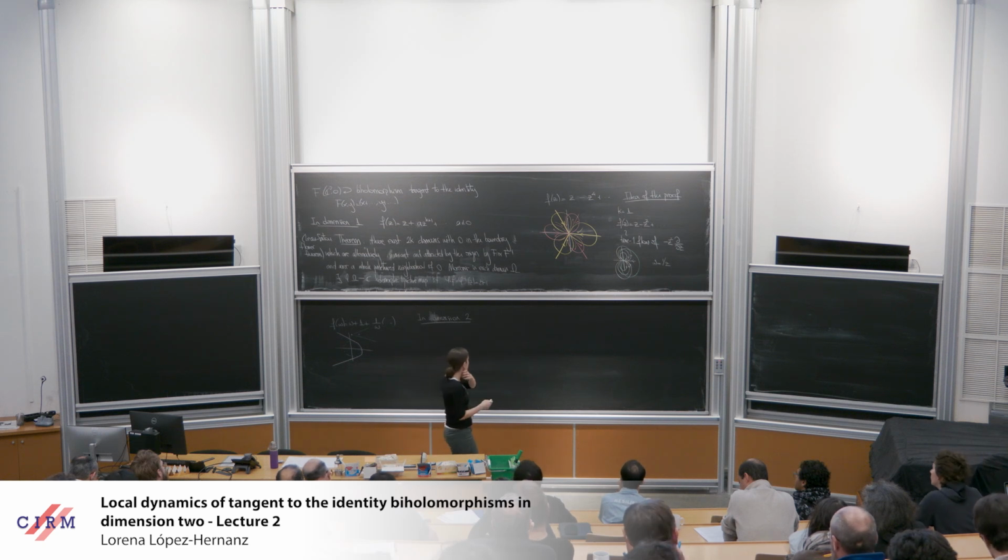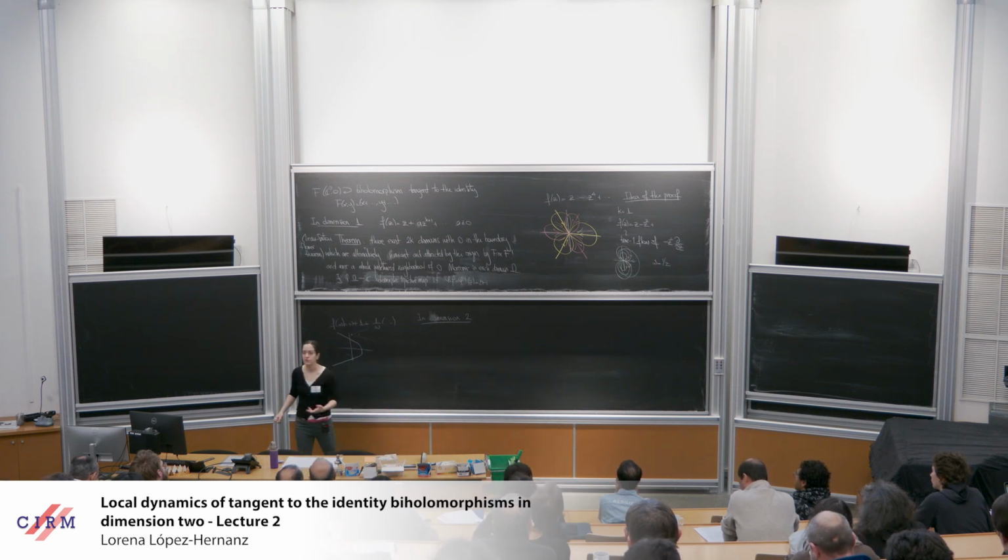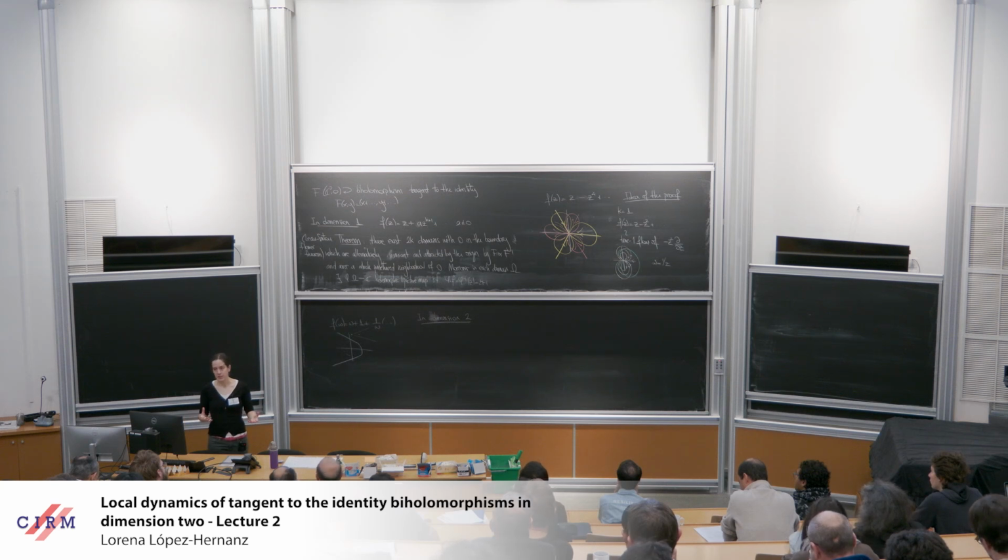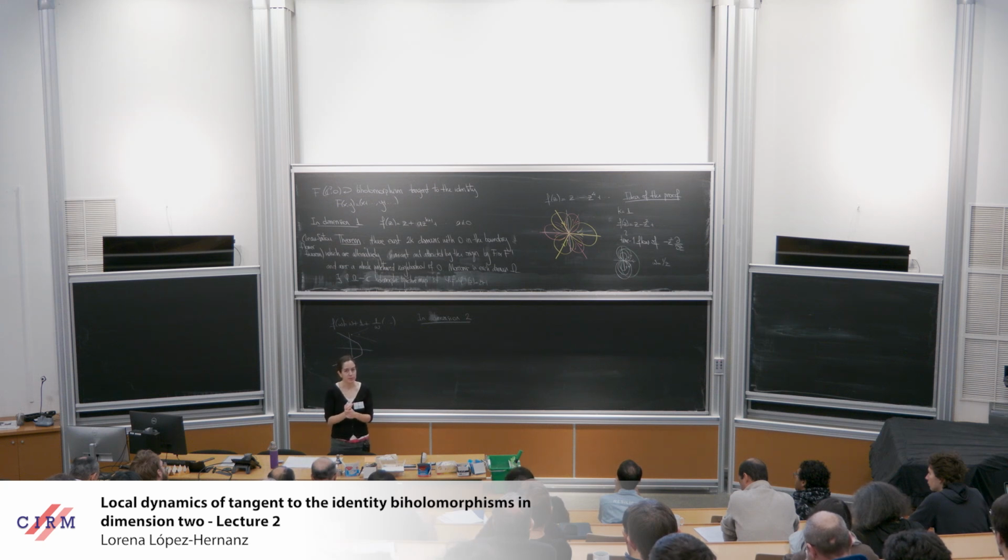So the problem I'll be dealing with is the existence of these petals in dimension 2. We have two possibilities: we can look for petals of dimension 1 or petals of dimension 2. I will address mainly the existence of petals of dimension 1 and maybe talk a little bit about petals of dimension 2.